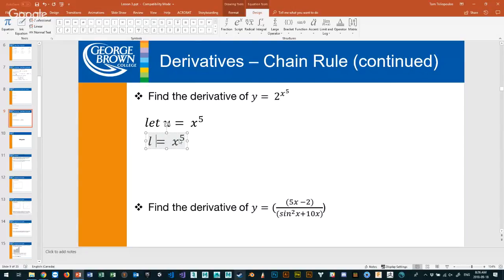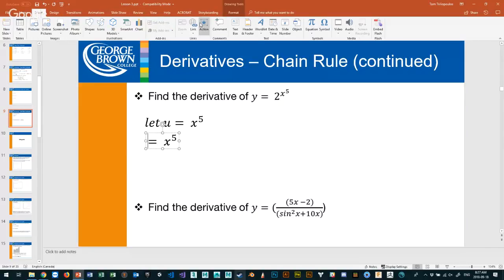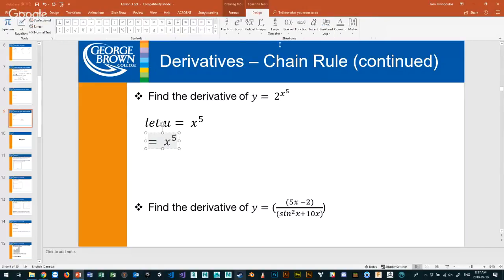If u is equal to x to the 5, then u prime, common notation. I wish there was a quicker way of doing this, but unfortunately there isn't a great way of showing this without me actually physically drawing on a tablet or something. So this is like 5x to the 4, right? I'm already doing it backwards. So u prime would be 5x to the 4.